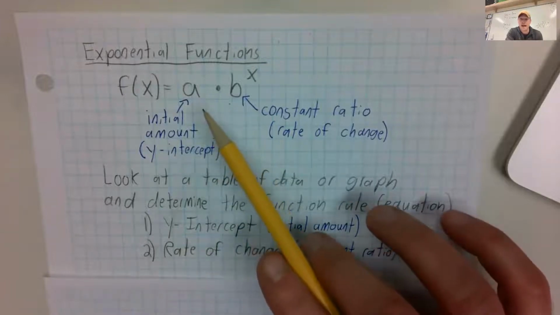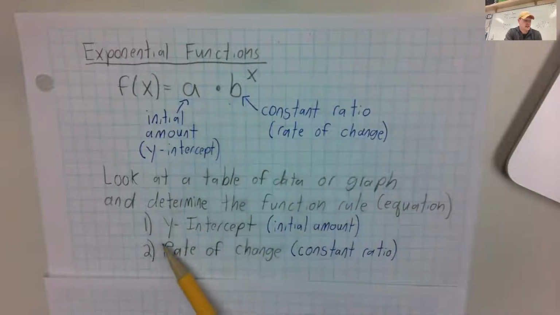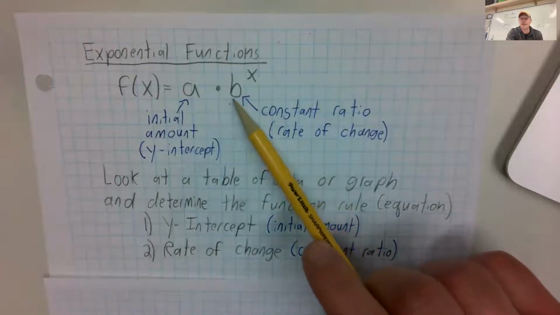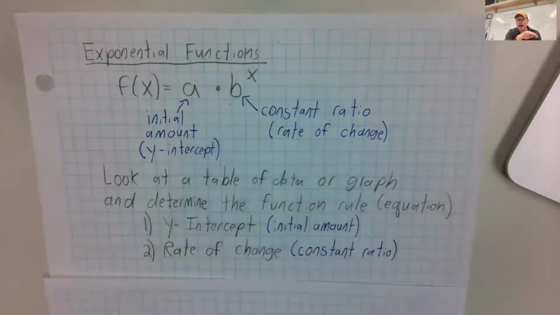Again, we're just looking for a and b. So we need to figure out the y-intercept of our table of data or graph, and that's going to be a, and our rate of change, how the graph is either going up or going down, how much it is going up or down by, and that's going to be b. So we're just figuring that out, filling it in for a and b.